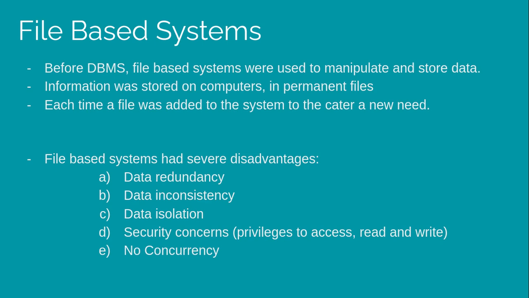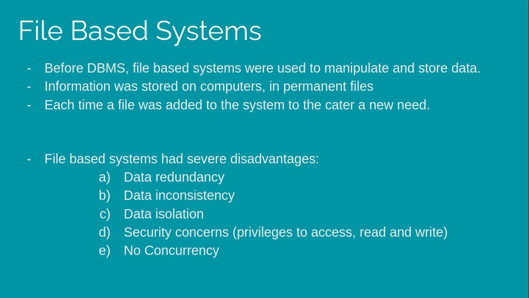If user A were to access it first, at that time user B will not be able to access it. User B will have to wait for its turn. So that is what no concurrency actually means here. That's handled by database management systems. At any given point in time, more than one user or client can access the database.